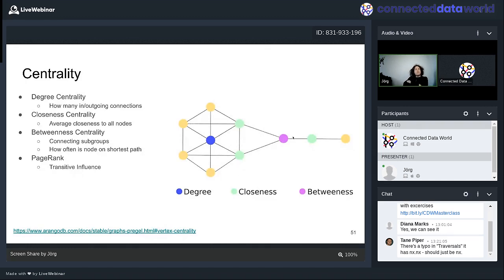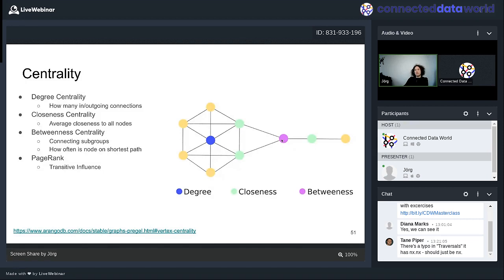Next is the betweenness centrality, and that refers to how important a certain node is in connecting other components, other subgraphs. This is useful, for example, if you're analyzing routing networks. If this node fails, you can already see this will deteriorate into two subgraphs, whereas if this other node would fail, we can still reach all nodes from all other nodes.